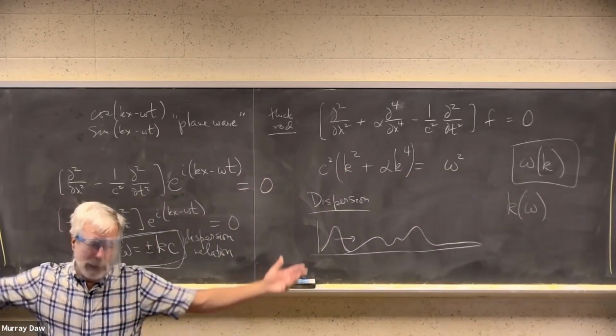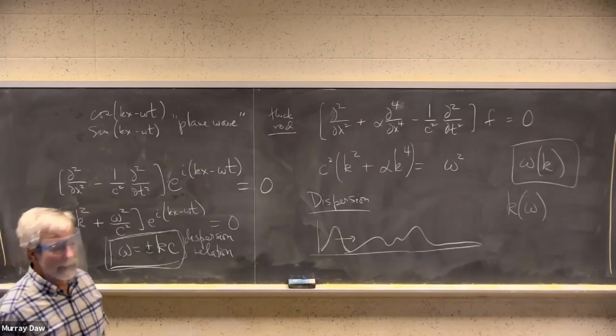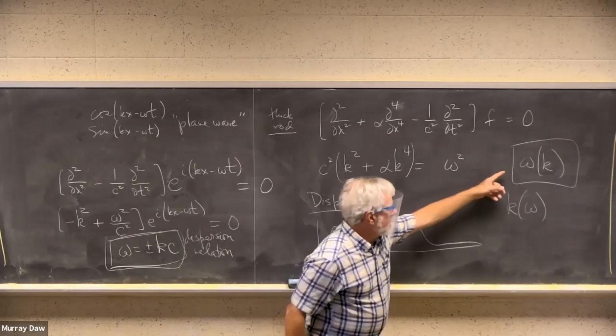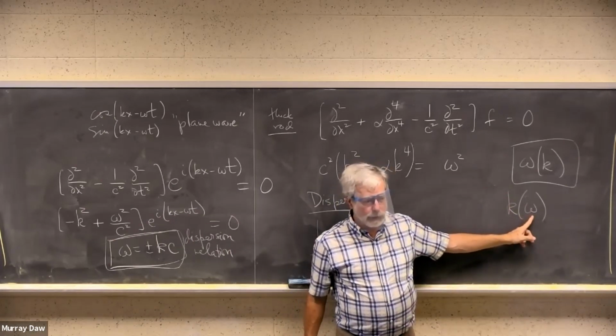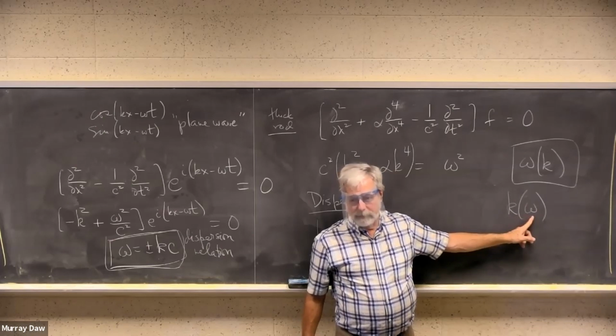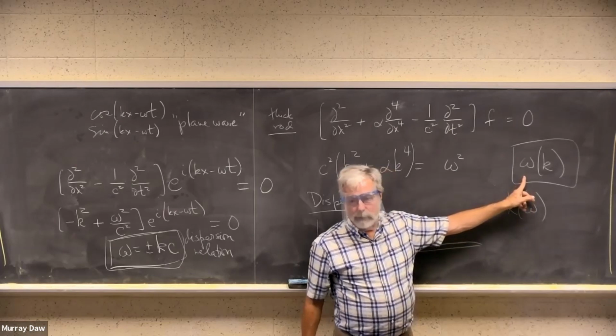But for some reason, nobody plots it that way. I don't know why. Everybody does it this way. You would think you would want the wavelength associated with the frequency because the source sets the frequency. But nobody plots it this way.